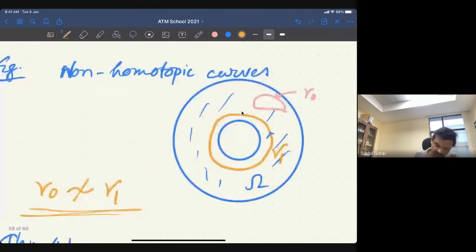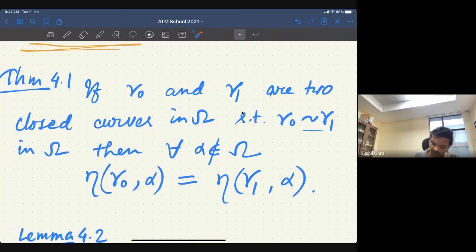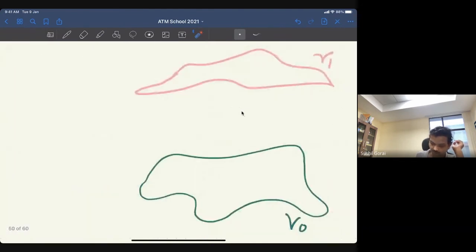What was the assumption in the theorem? Gamma naught and gamma 1 are two closed curves in omega, such that gamma naught and gamma 1 are homotopic. Then you want this. All right, so homotopic is given. So we have actually been given this homotopy.